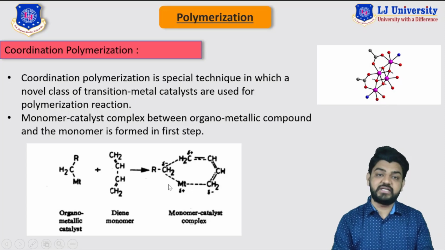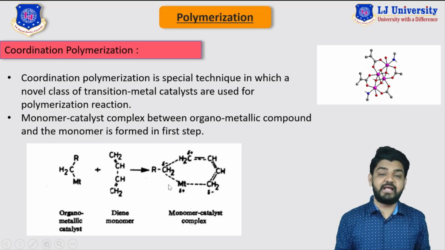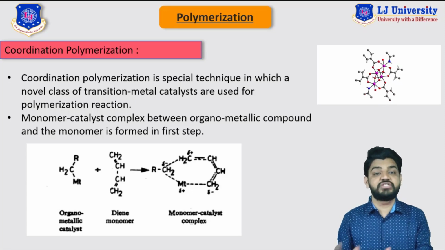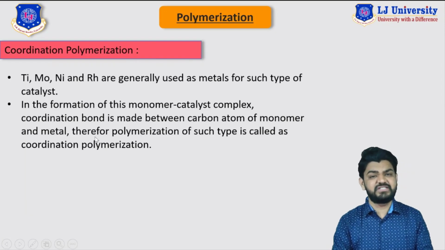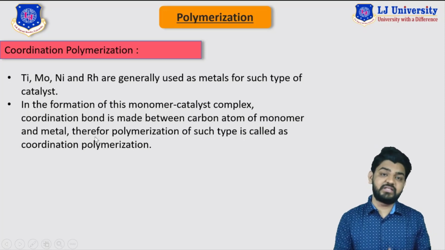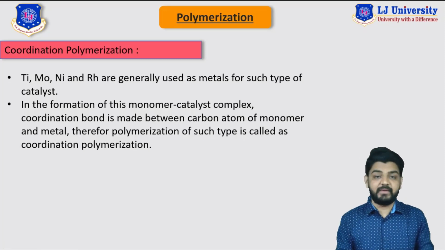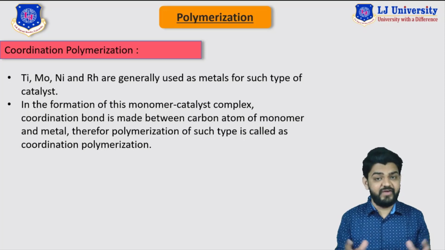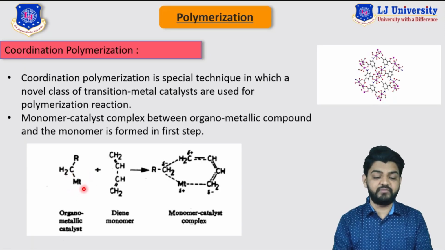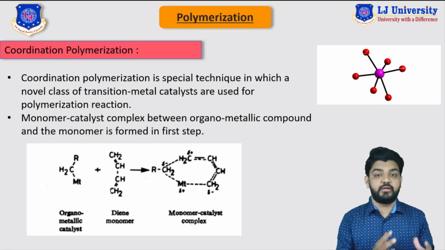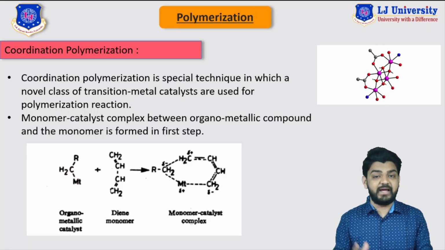Now let's understand the different steps that take place in coordination polymerization. You can see on the screen that special metals, namely titanium, rhodium and nickel, are used to manufacture this type of catalyst. So in this image, in place of Mt, we are going to use titanium, rhodium and nickel.